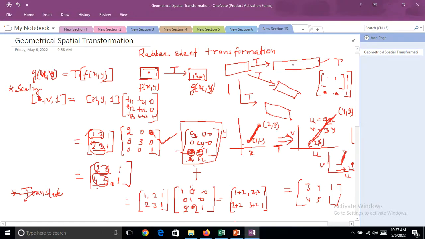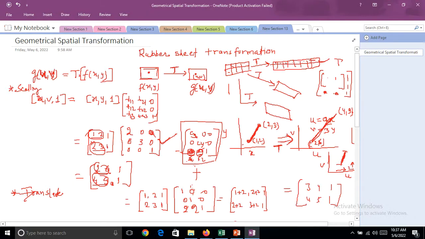For example, if you scale, here you have, let us say, 4 columns and 2 rows, but here you may get 1, 2, 3, 4, 5, 6, 7, 8. It became twice, the number of columns increased.